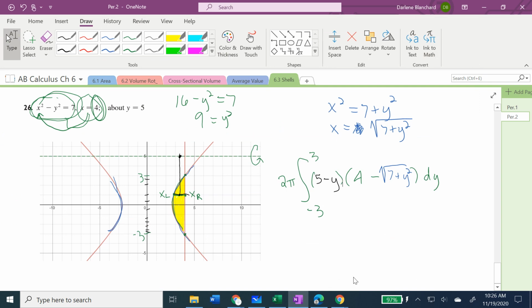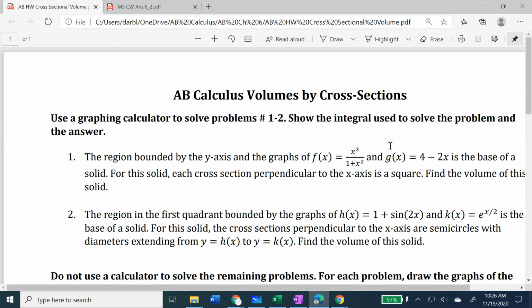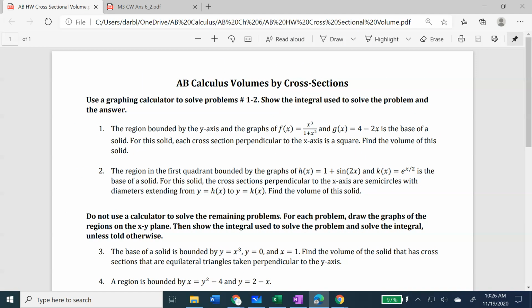Do you have questions from these cross-sectional volume problems? Going over one or two right now would be helpful for you to prep for right before taking the quiz. So, do you have anything in particular?